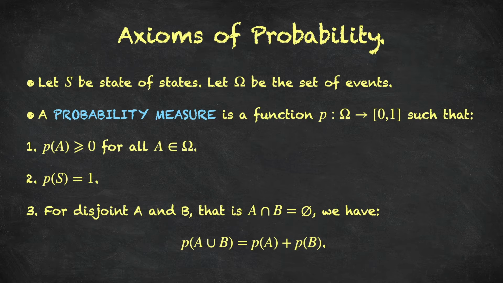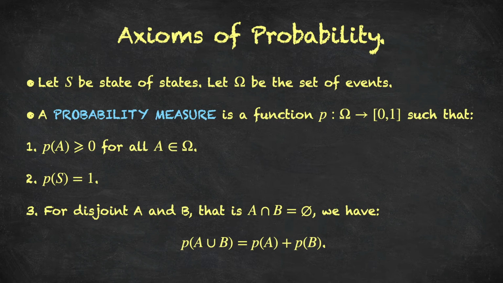So we're going to take capital S to be the set of states and let omega be the set of events. So if we're talking about a finite set of states, we can just let omega be the set of all possible subsets. A probability measure is a function, and it's going to take events, so elements from omega, and turn them into numbers.